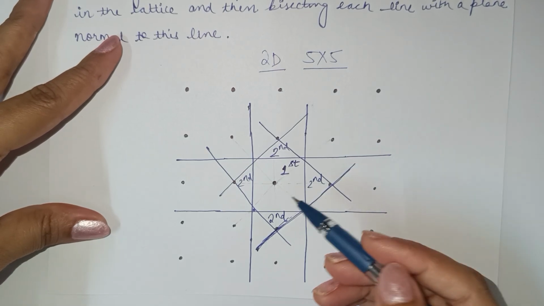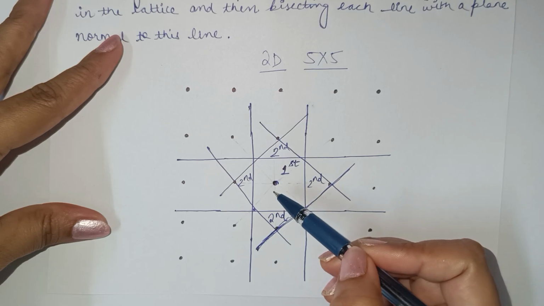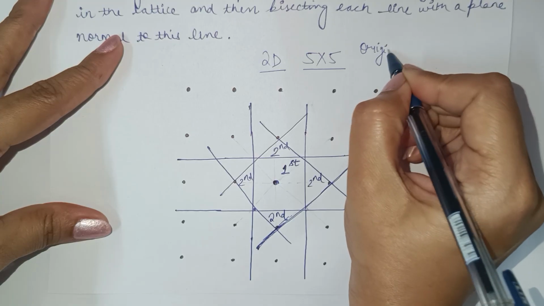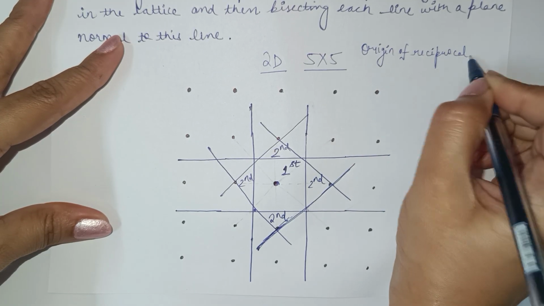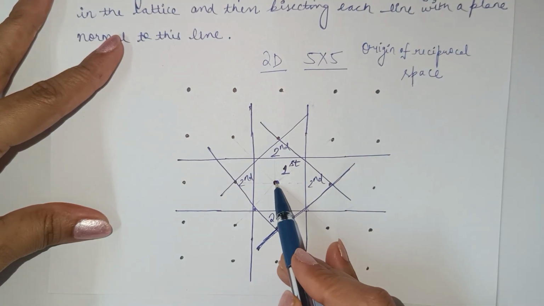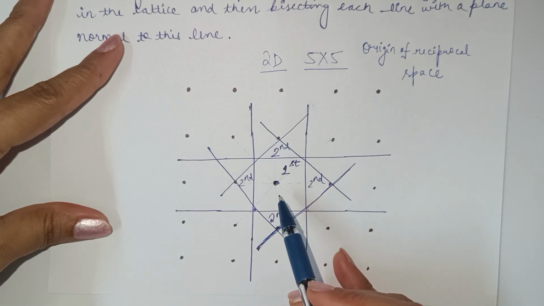So suppose we take a center. The center is actually the origin of reciprocal space, and from that origin you connect all the neighboring points.